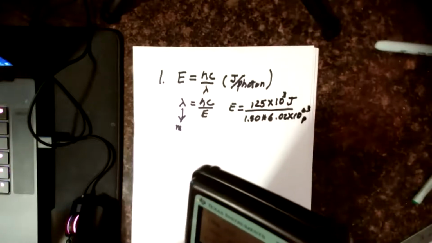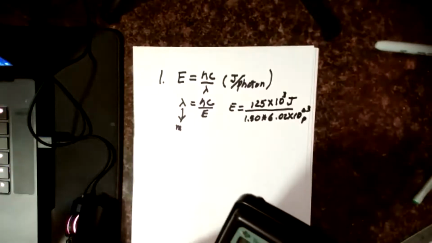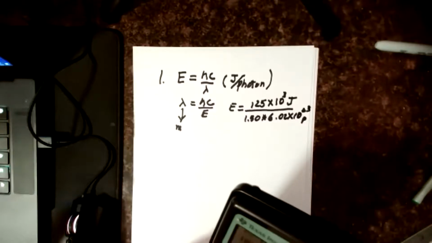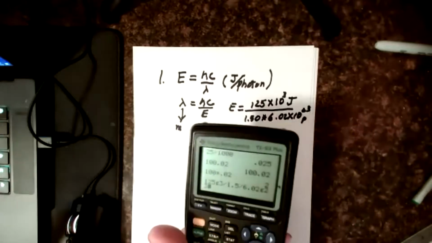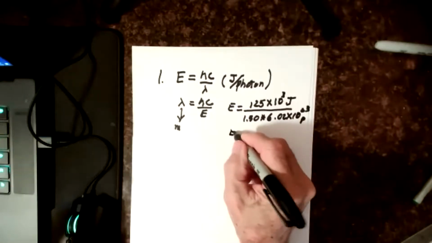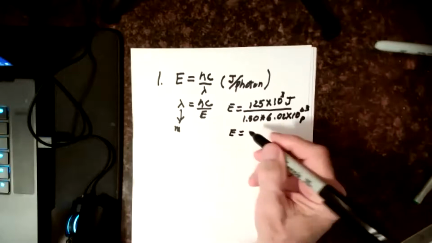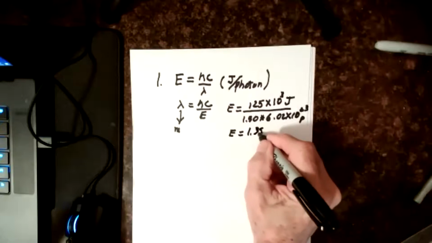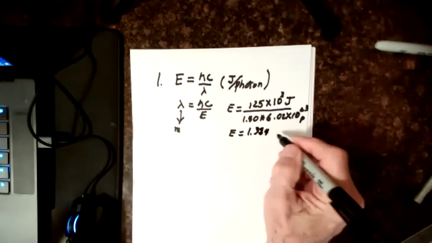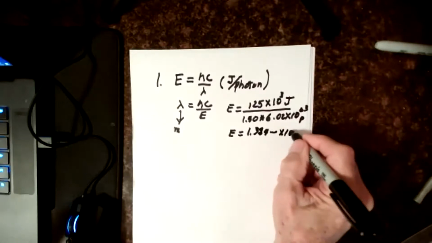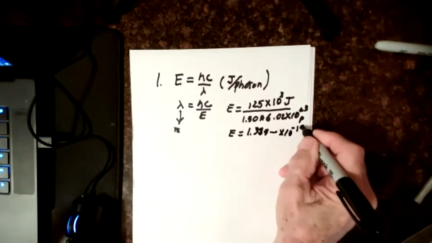And now I'll check. I've got 125 exponent 3 divided by 1.5 and divided by 6.02 times 10 to the 23. Okay, it looks like that's right. So what I'm coming out with is the energy is going to be 1.384 and a whole bunch of other digits times 10 to the minus 19.